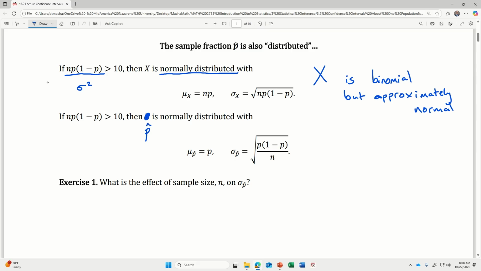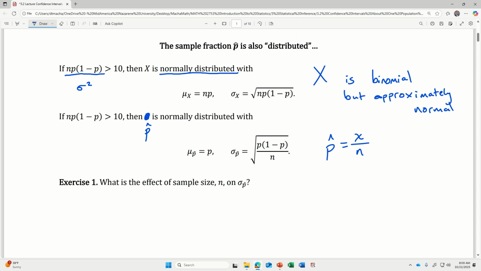Well, then we can also say that the sample proportion is normally distributed, but since we are dividing by n to calculate the sample proportion, right? The sample proportion is just x divided by n. Well, then our mean is going to be the same, but divided by n.